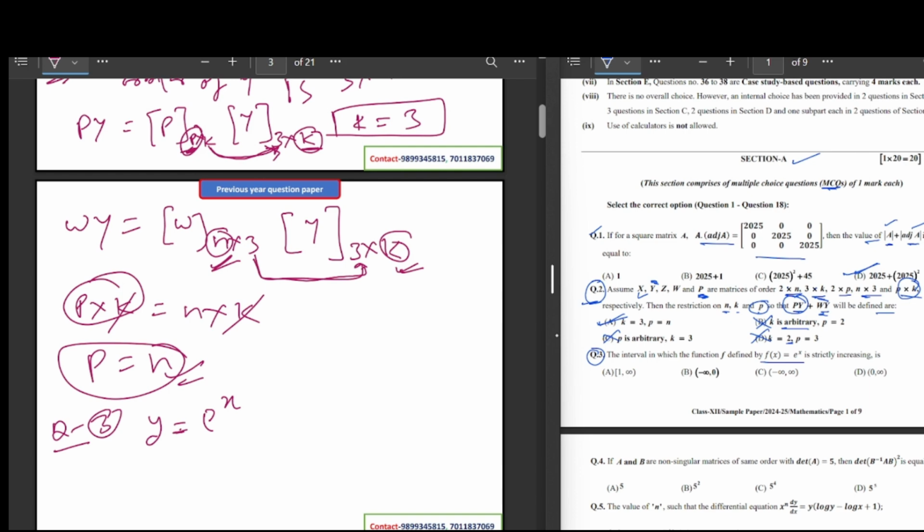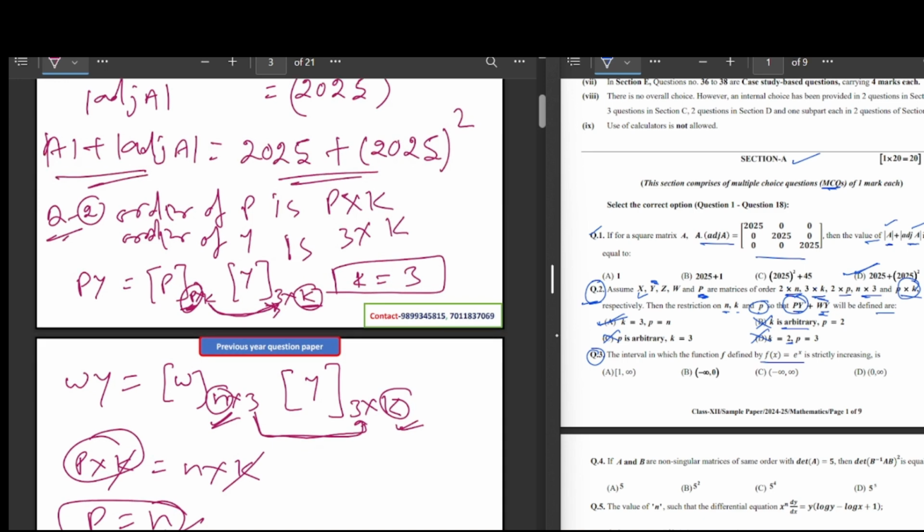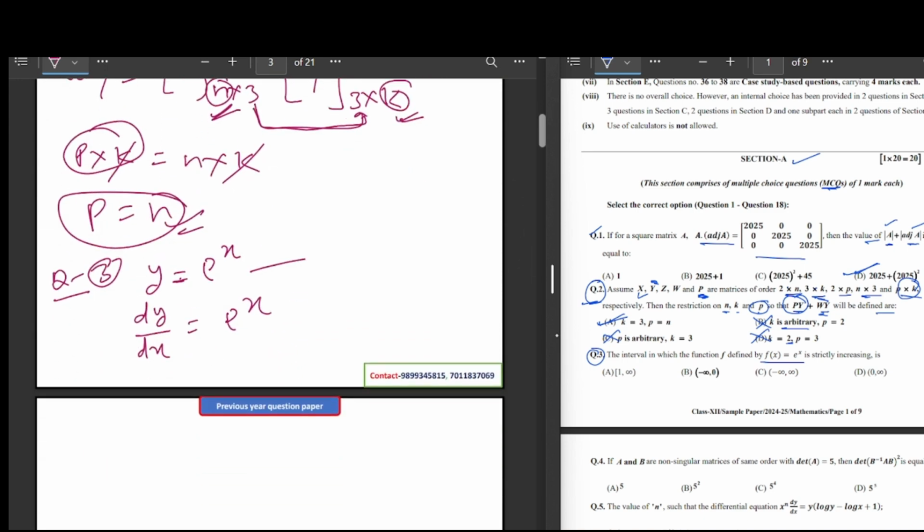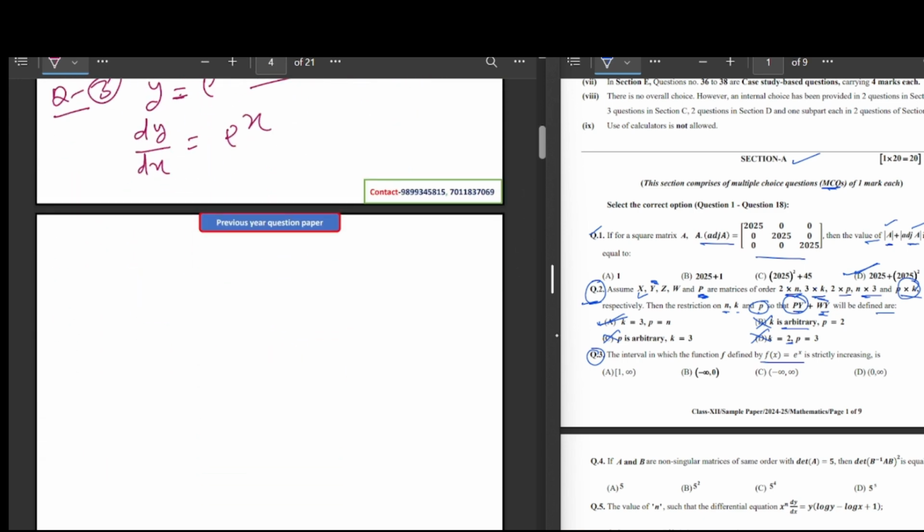So we have to find dy by dx, differentiate this equation with respect to x, so it will become e raised to the power x. So this is basically differentiation.